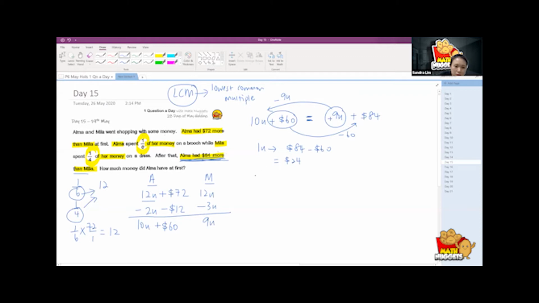Okay, so in order to find Alma at first, we're looking at 12 units, which is $24 times 12. $288. Okay, so wait, Alma at first is this part. So this is what I need to find. Okay, so after finding 12 units, I need to add $72. Then I have $360.